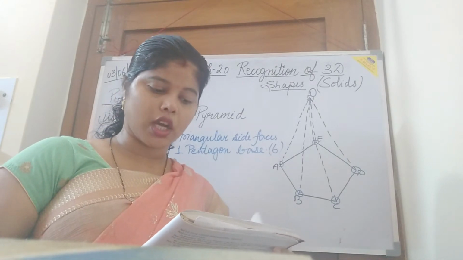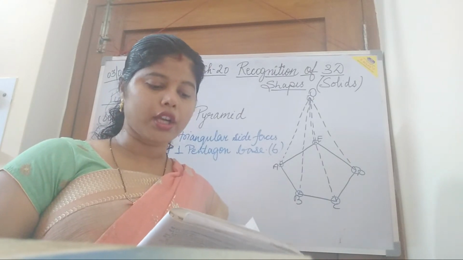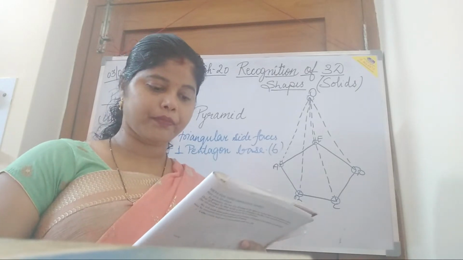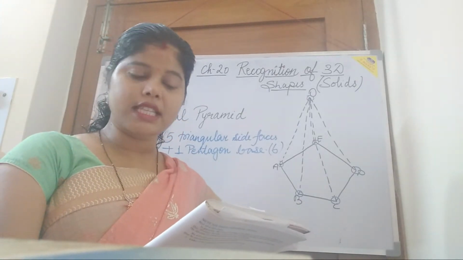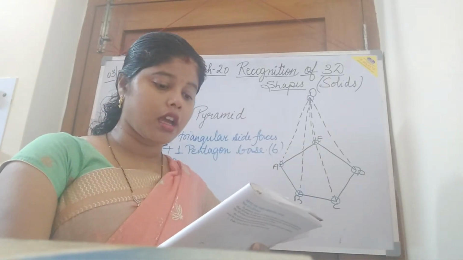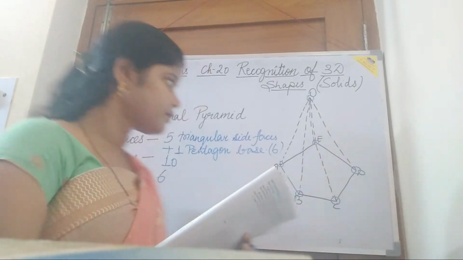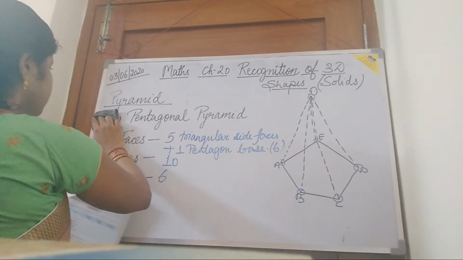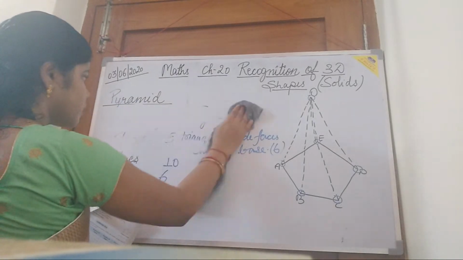So cuboid or cube, both are having the same faces. How many faces? 6. So fill it as 6. Let me write it down.